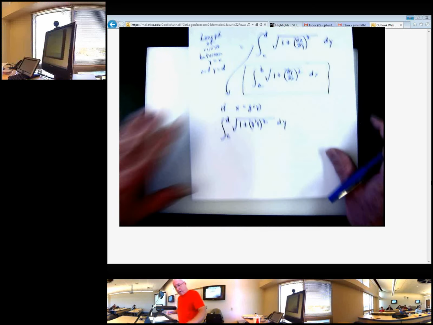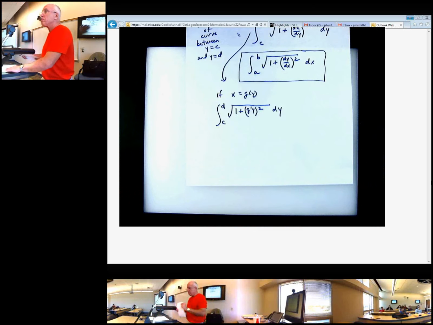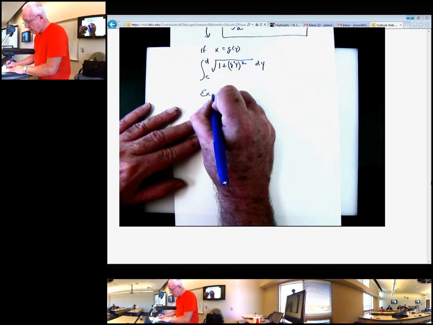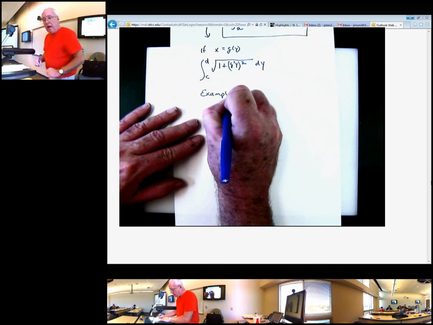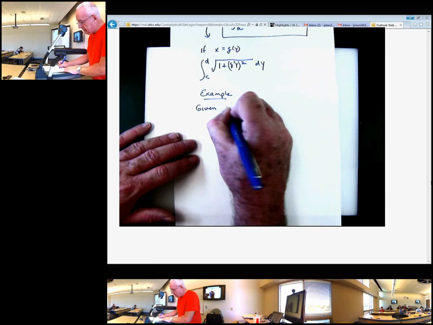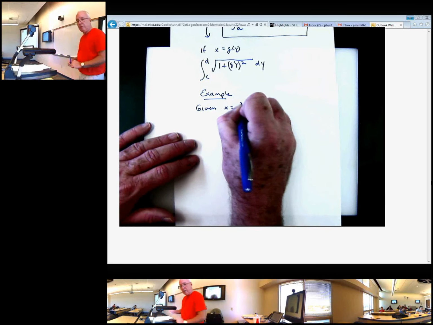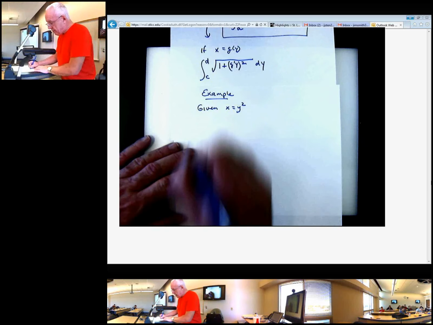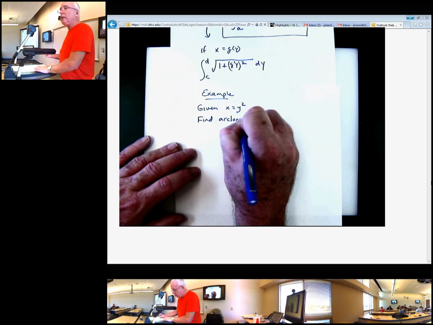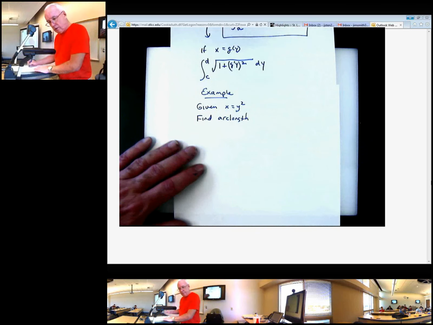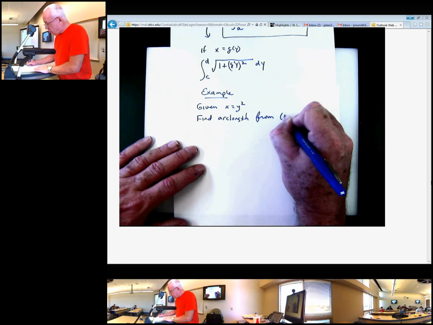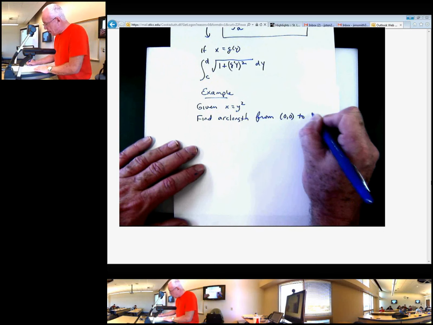Okay, so let's look at this example here. Say we're given x equal to y squared, and we're asked to find the arc length, or the length of the curve, from 0, 0 to 1, comma 1.